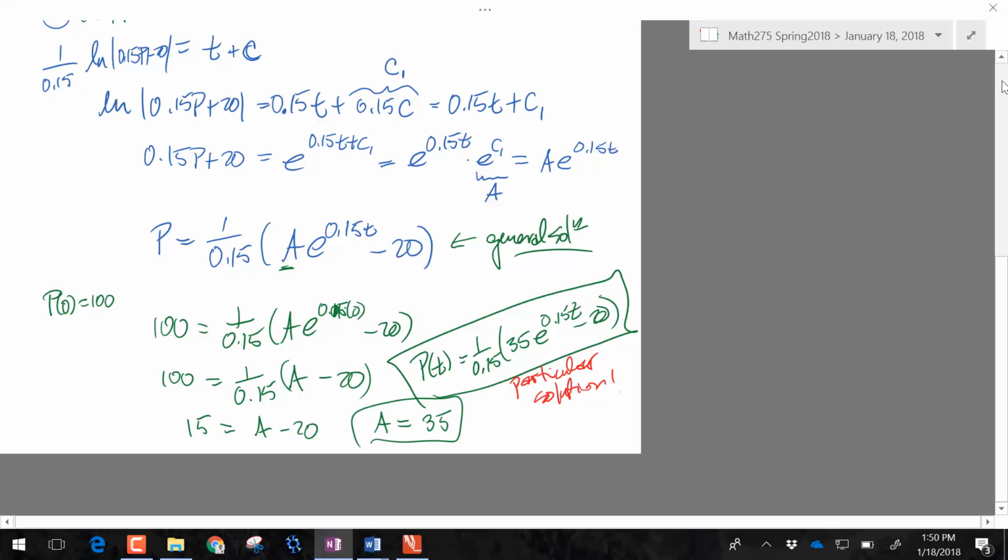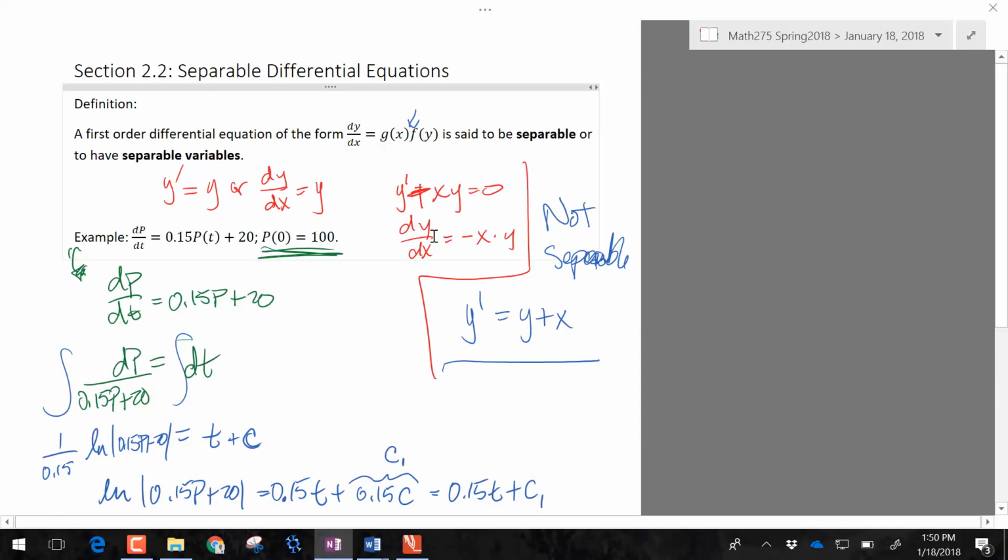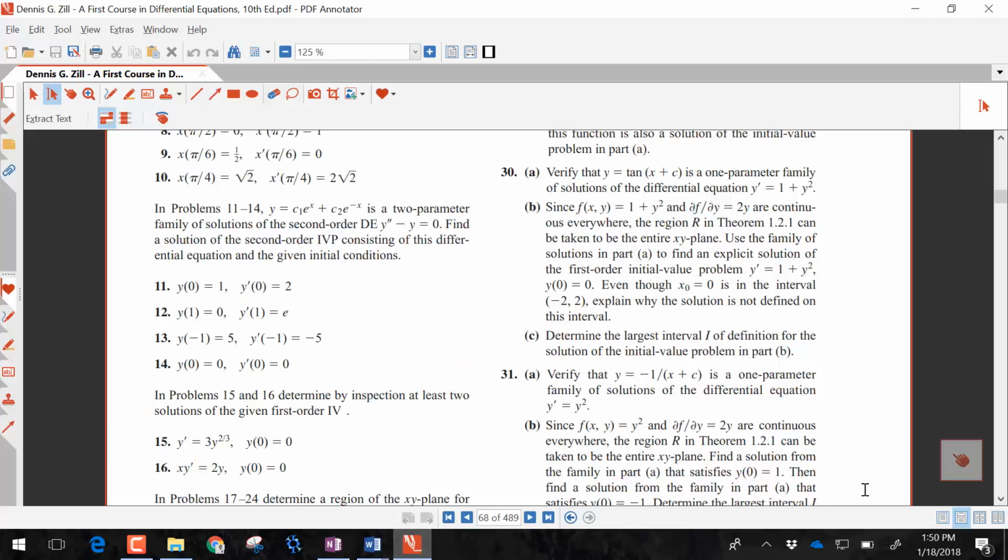So let's see if we can come up with another example. I mean, we have these examples. And let me see if I can come up with an example from the textbook.